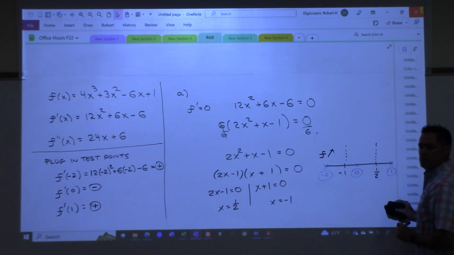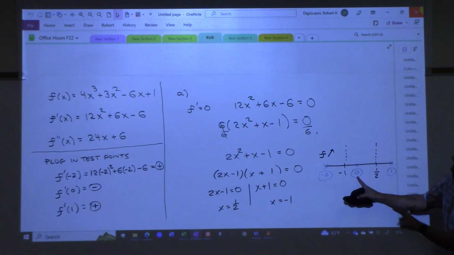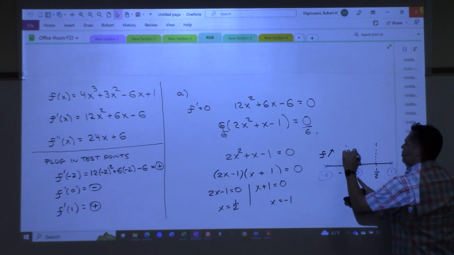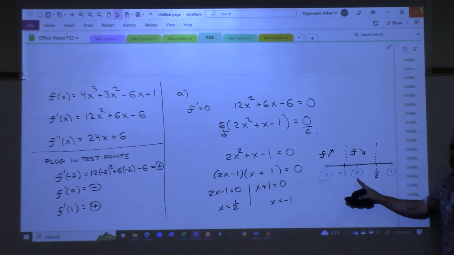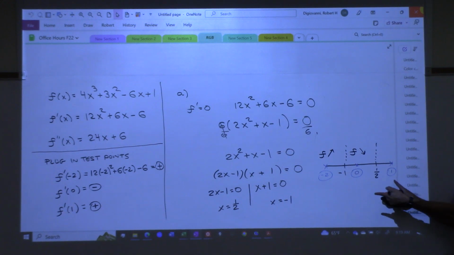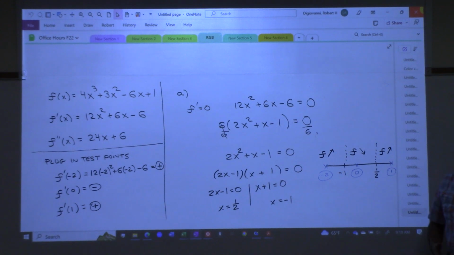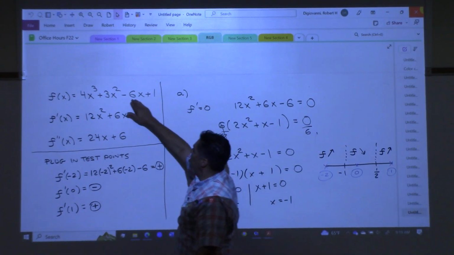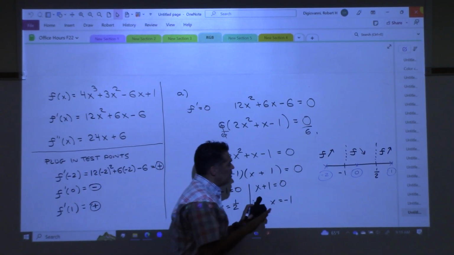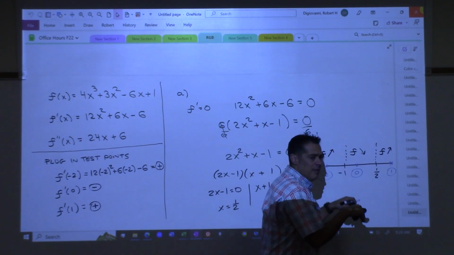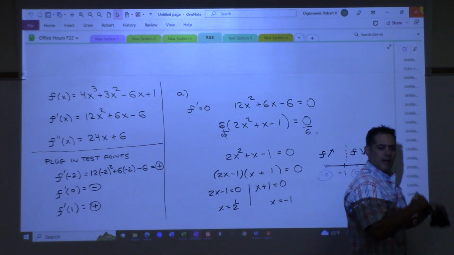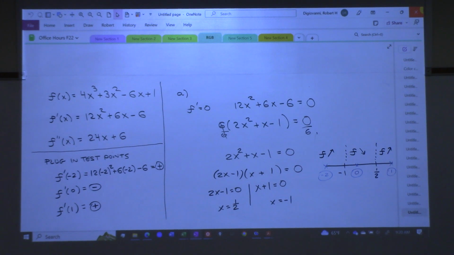And then at 0, the derivative was negative, which means my original function is going down here. And then here it was positive, and that means my original function is going up. So if I were to graph this function, it goes up, it gets to -1, comes down, it goes to 1/2, goes back up. I know that's the general shape of the graph.